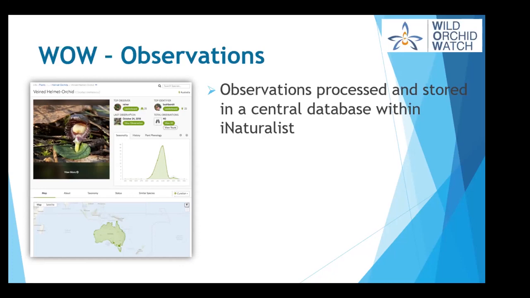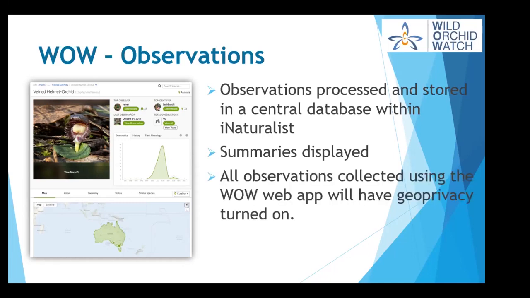Now, a word on that: we'll get these summaries, and it's what we call the geo-privacy. If you use iNaturalist, they do not obscure the data, which is why it's very important that you go through the Wild Orchid Watch app to enter your orchid data.